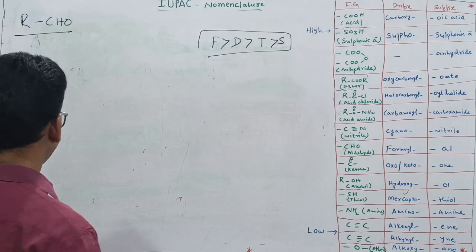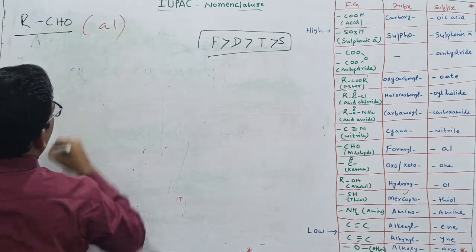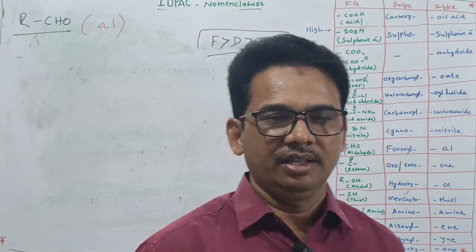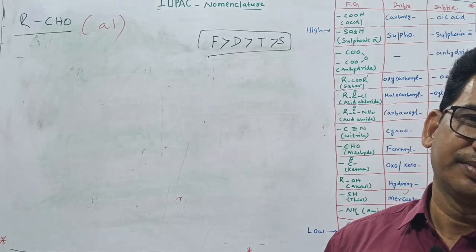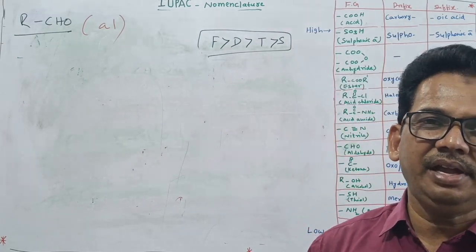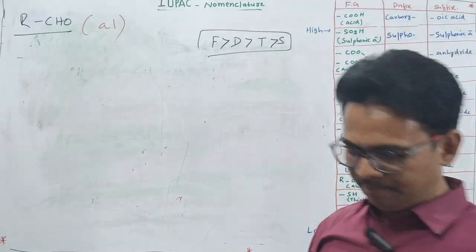Aldehyde. Then for this the suffix will come: al. See, अल्कोहल को aldehyde को क्या फर्क है? अल्कोहल में O रहता है, ol suffix है. Aldehyde में al suffix है. Remember that.